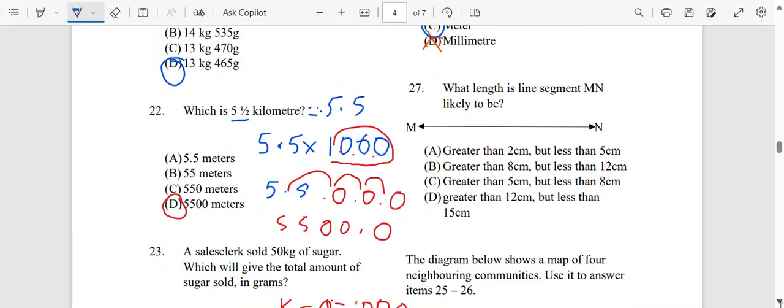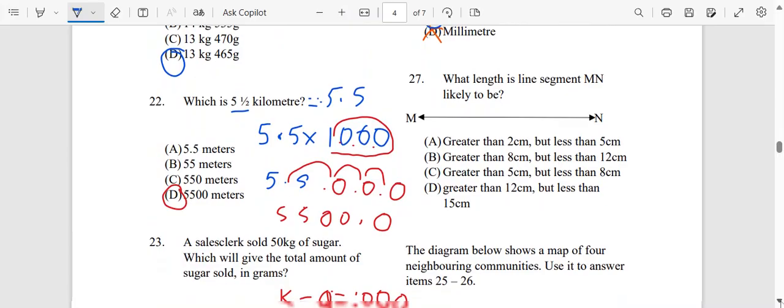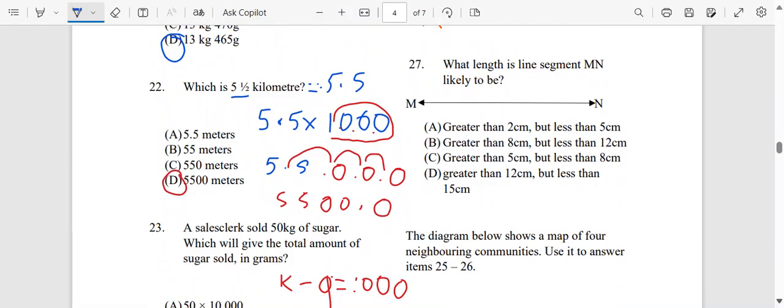Item 27. What is the length of line segment MN likely to be? It says here greater than 2 but less than 5 centimeter. We know what a centimeter is. Remember when we were doing it, it's like the width of your finger.